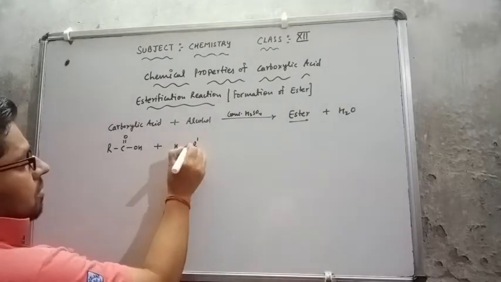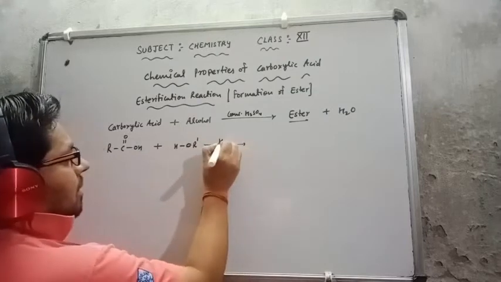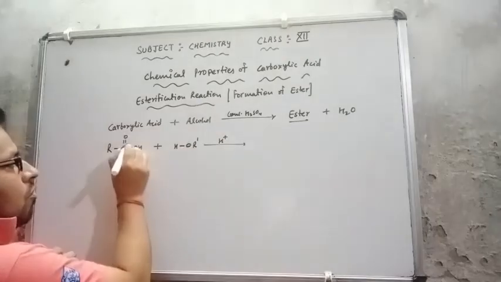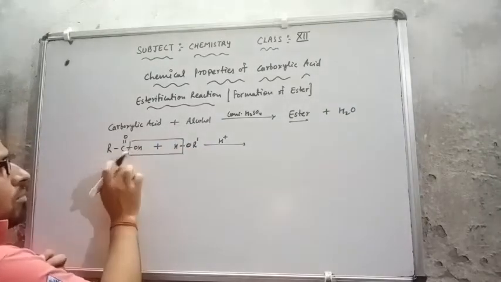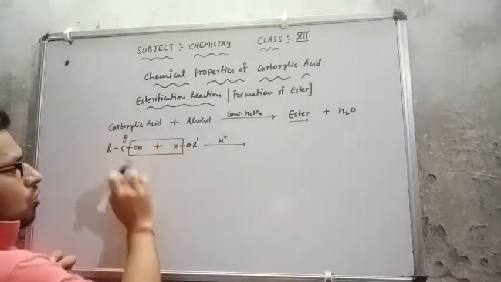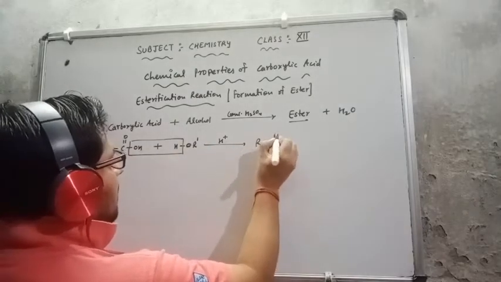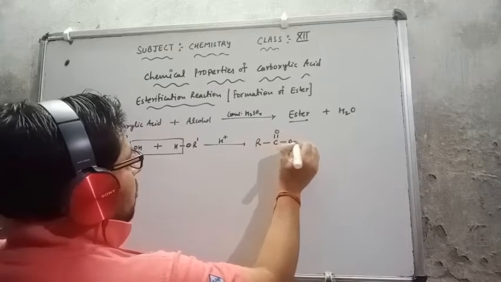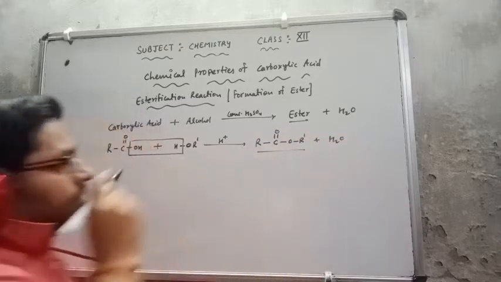This is alcohol. Now in an acidic medium, H positive I have taken. From here OH and from here H, they will be released. That means the carbon oxygen bond is going to split up. So H2O comes out, and what I get here is R single bond C double bond O single bond R dash plus H2O. This is the ester.